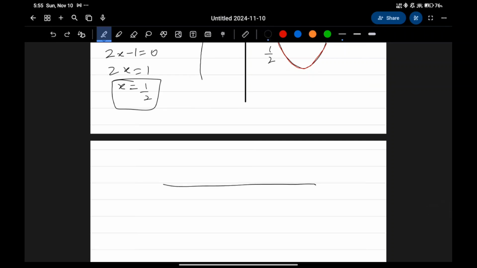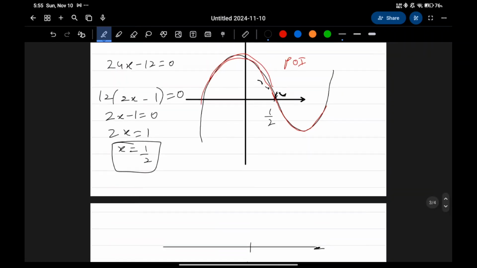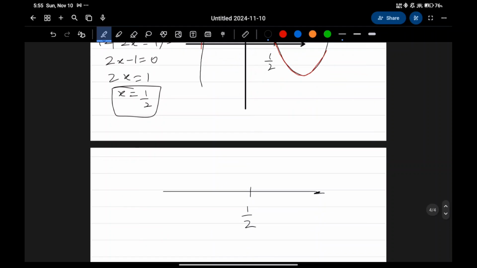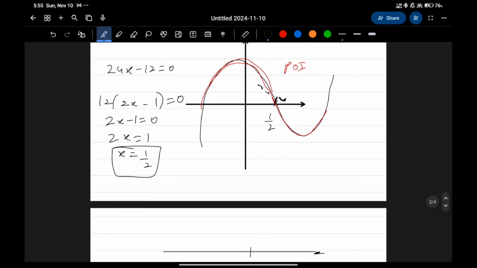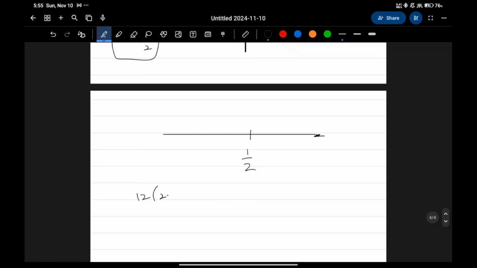So I draw the number line and I have 1 over 2. Now let's pick a number smaller than 1 over 2. Let's pick 0. If I plug in 0 over here, in 12 times 2x minus 1, I get a negative number. So this becomes negative.